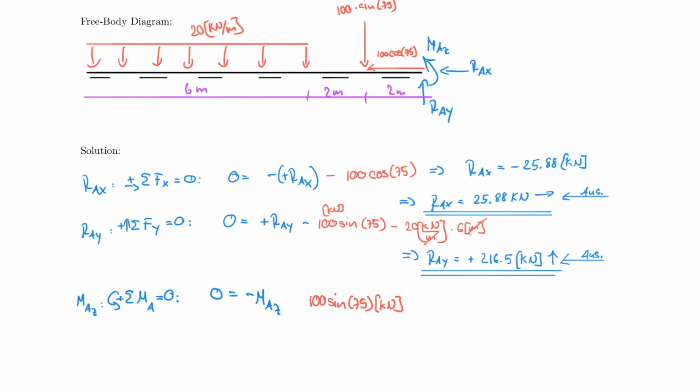So we need a lever arm now, right? Because our moment here has a lever arm. So what is that lever arm? That lever arm happens to be 2 meters. So that is the distance from this force to this point of reference. That's the point that I take the sum of the moments about. So let's actually highlight that. So I'm taking the sum of the moments about that point. And how does this rotate?